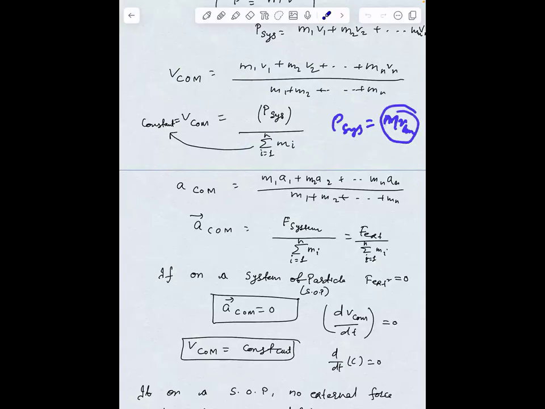This entire thing becomes constant: mass is constant, velocity is constant. That means P of the system becomes conserved. Constant means conserved, so I can say P final is equal to P initial. Means the final angular momentum must be equal to the initial angular momentum. Can I say this statement?